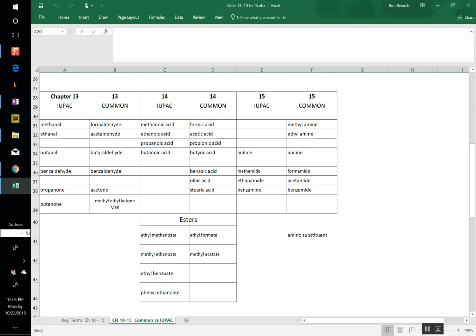So start with benzaldehyde. That's benzaldehyde. Plus, what is it going to react with? H2. Hydrogenation. Right in the name.